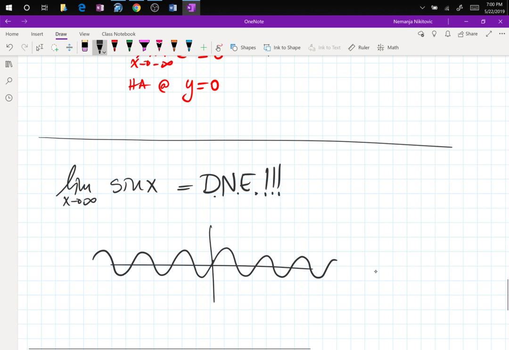So you don't get to claim the sine or cosine to have a limit at infinity. So the limit does not exist for sine or cosine.